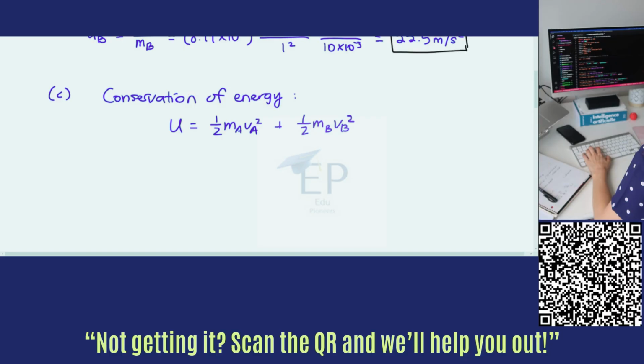So all the potential energy goes to the kinetic energy of the two spheres. We also have conservation of momentum, which says that 0 equals mA vA plus mB vB.